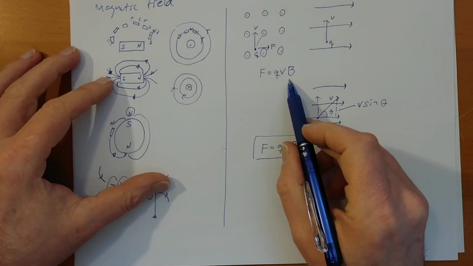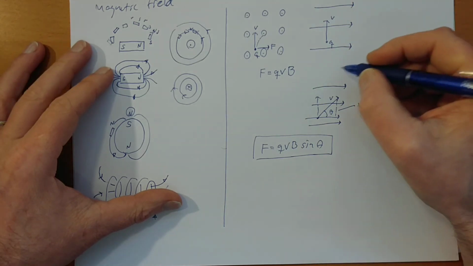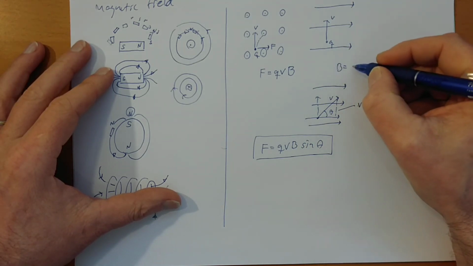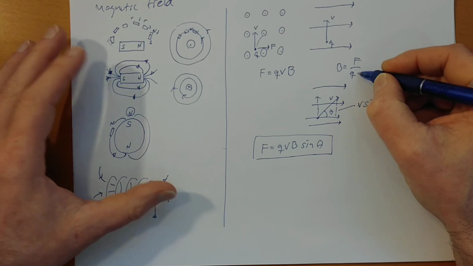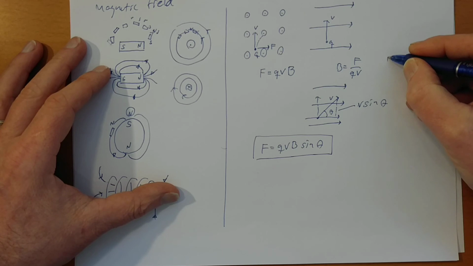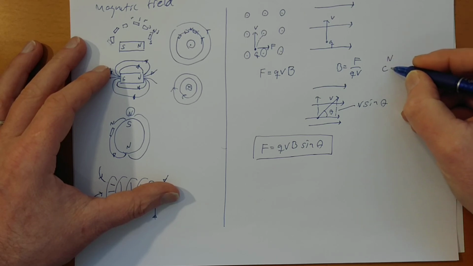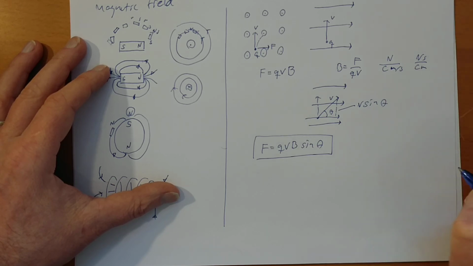Except that we haven't talked about what the unit for this is. Of course we can rearrange this formula. So B equals the force divided by the charge times the velocity, right? That will give us newtons per coulomb per meters per second, or newton seconds per coulomb meter.